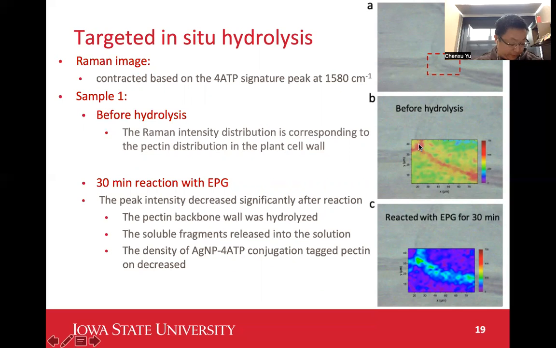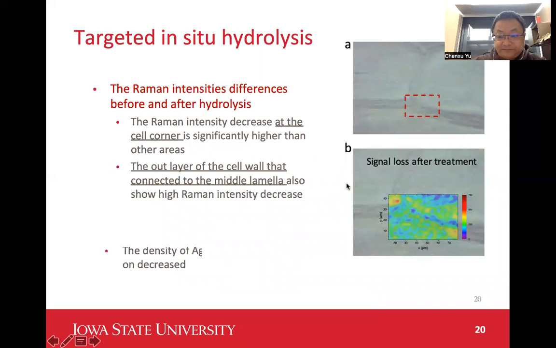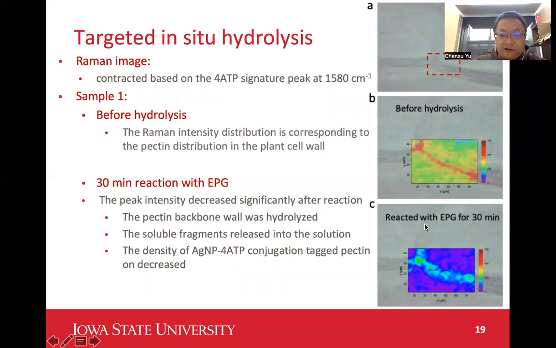It will reveal the distribution of pectin in the cell wall structure. And clearly we're seeing that here, before and after hydrolysis, you can see the region where the pectins are being hydrolyzed away. And again, you can see the pretty strong change happening in the corner region. Right? And that's consistent with what we observed in the previous slide.